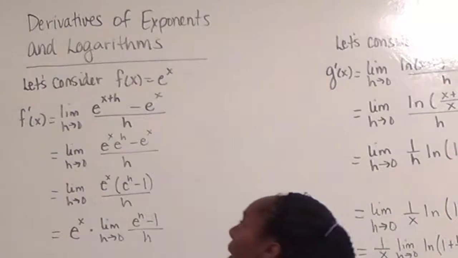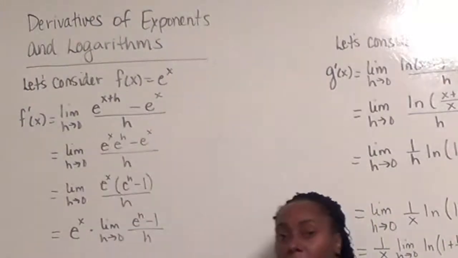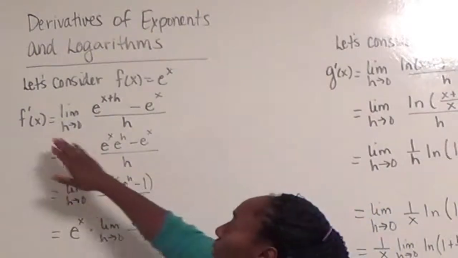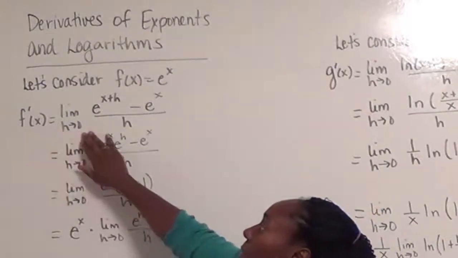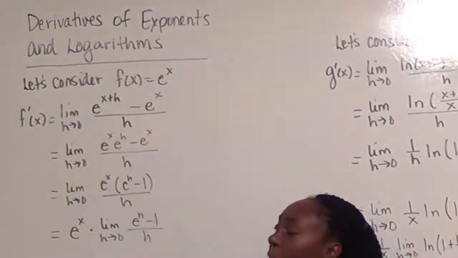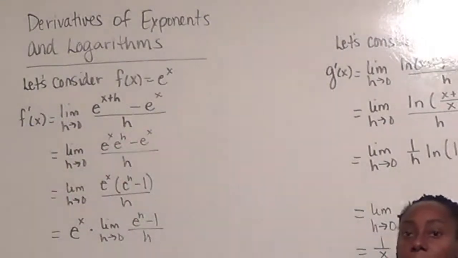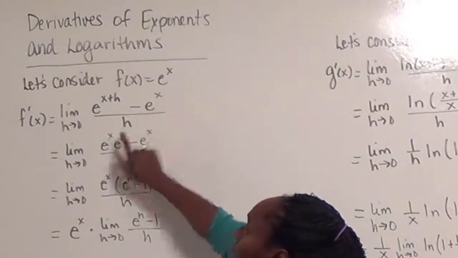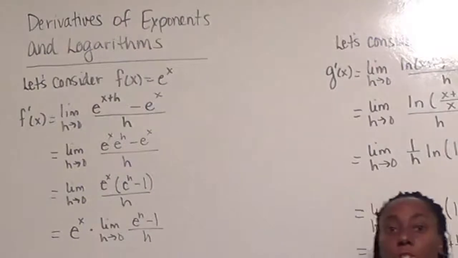So let's consider the function f of x equals e to the x. If we want to take the derivative of this, again going back to our limit definition, limit as h goes to 0 of e to the x plus h minus e to the x over h. We can use our exponential properties to rewrite e to the x plus h.